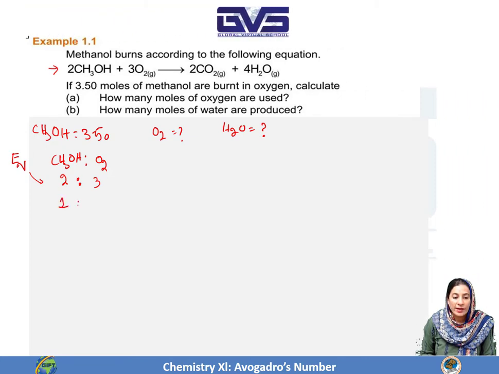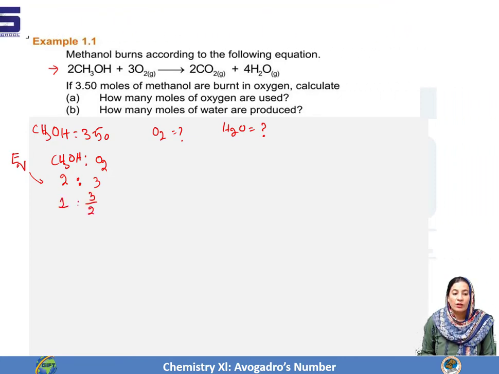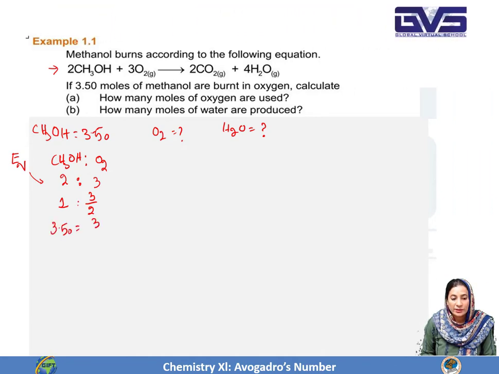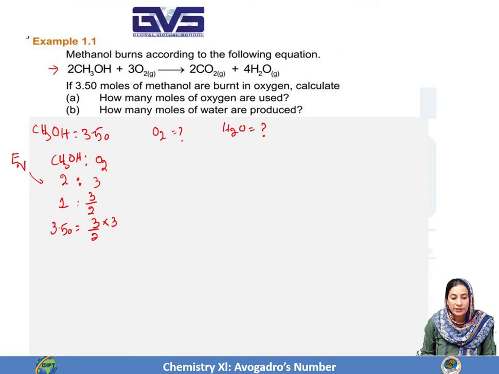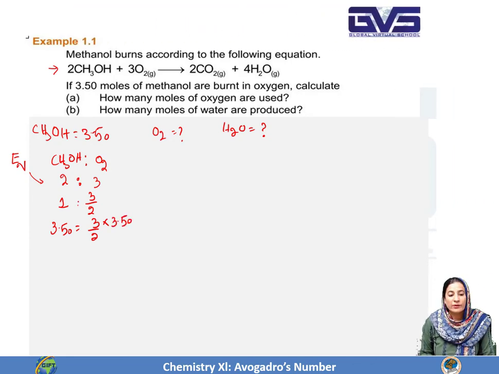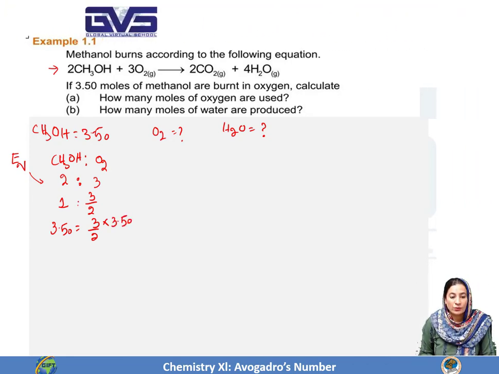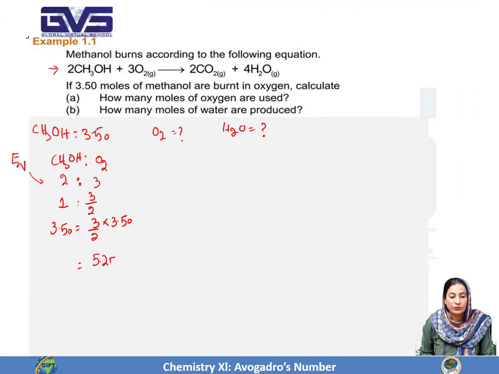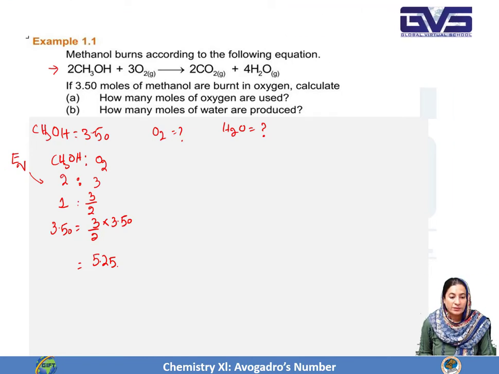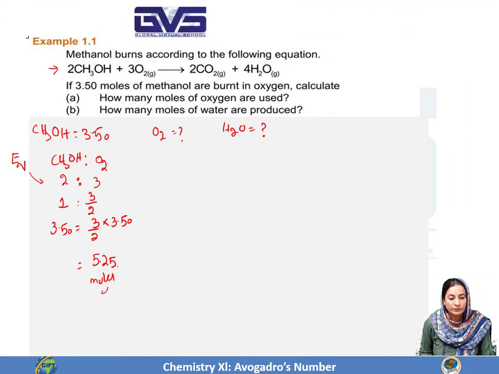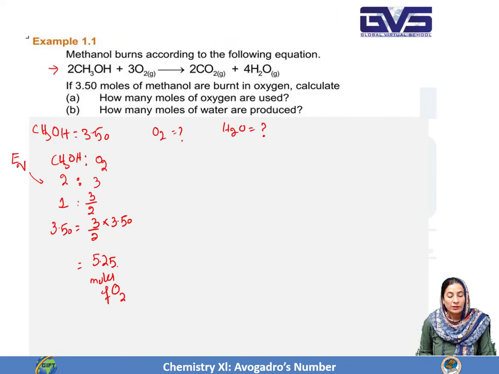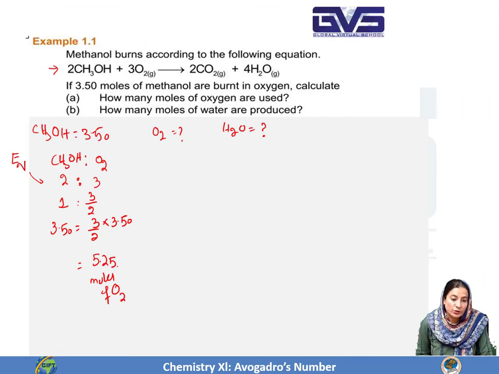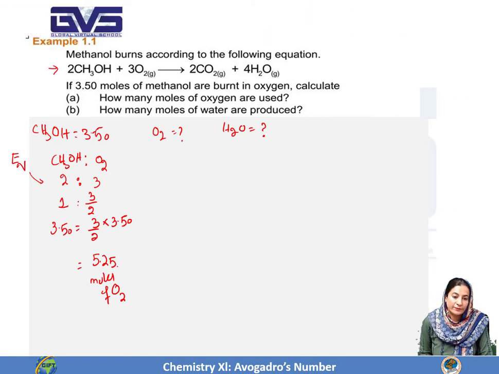When it is 1, it will be 3 by 2. When it is 3.50, it will be 3 by 2 multiplied by 3.50. 3.50 multiplied by 3 divided by 2 gives the answer 5.25. So 5.25 is the moles of oxygen. When 3.50 of methanol is consumed, the oxygen consumption is 5.25.